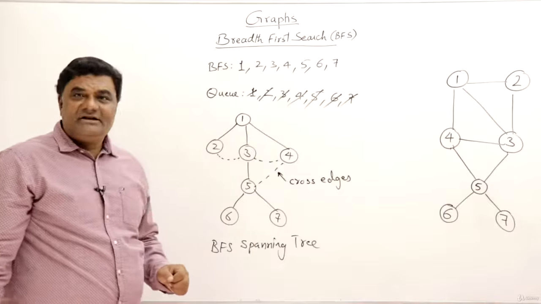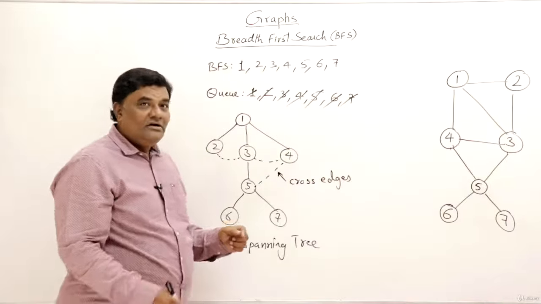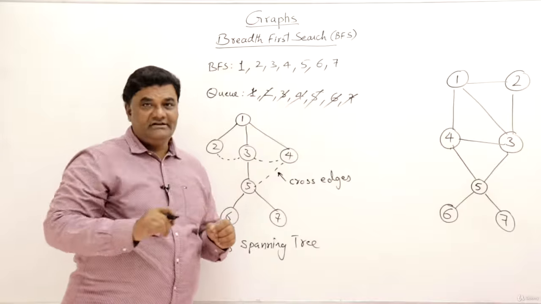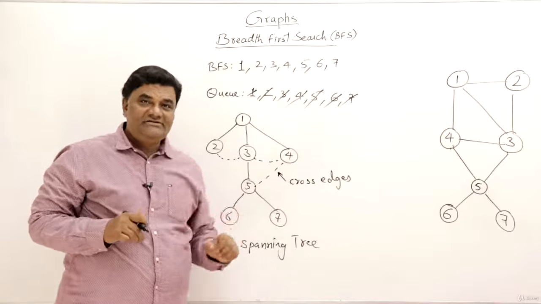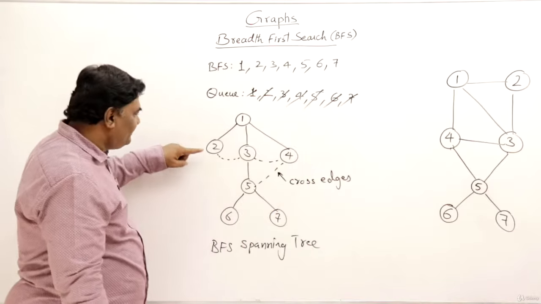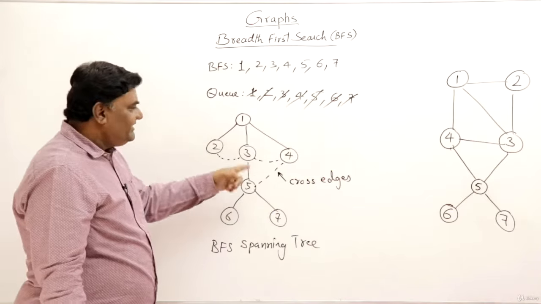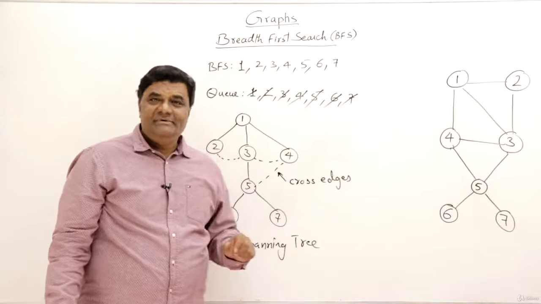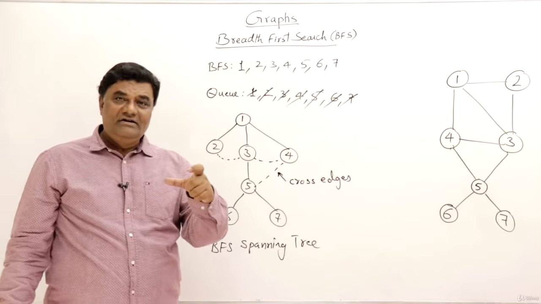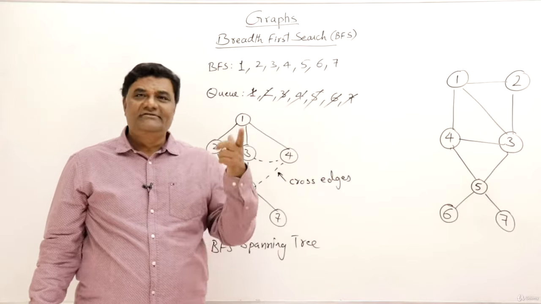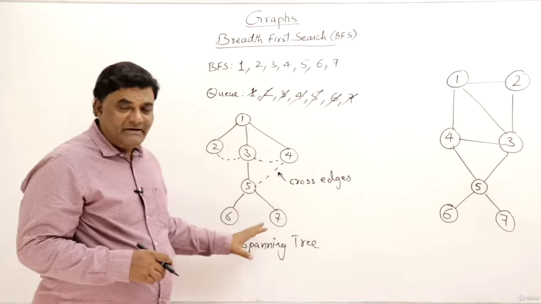These cross edges in a breadth first search tree will be connecting from one vertex to a vertex in the next level only, not far away vertices. You will not find edges connecting from 2 to 6. If there is any cross edge in a breadth first search spanning tree, it will be connecting two vertices in adjacent levels, that is, one level to the very next level only. So that's all about the spanning tree.